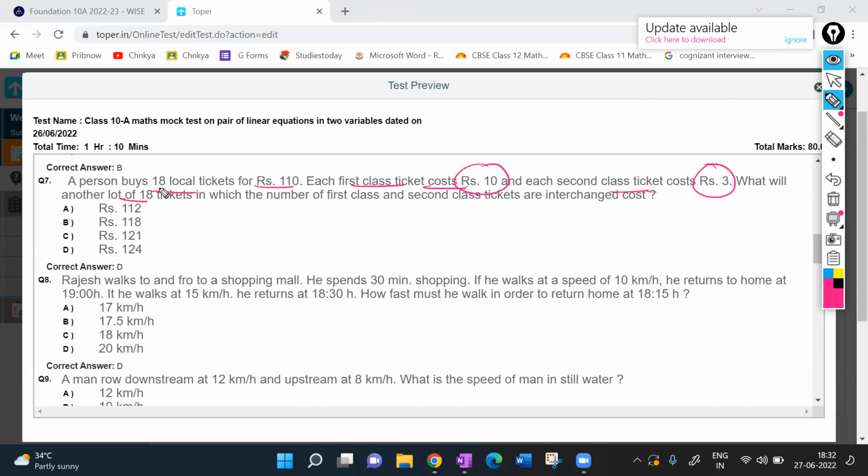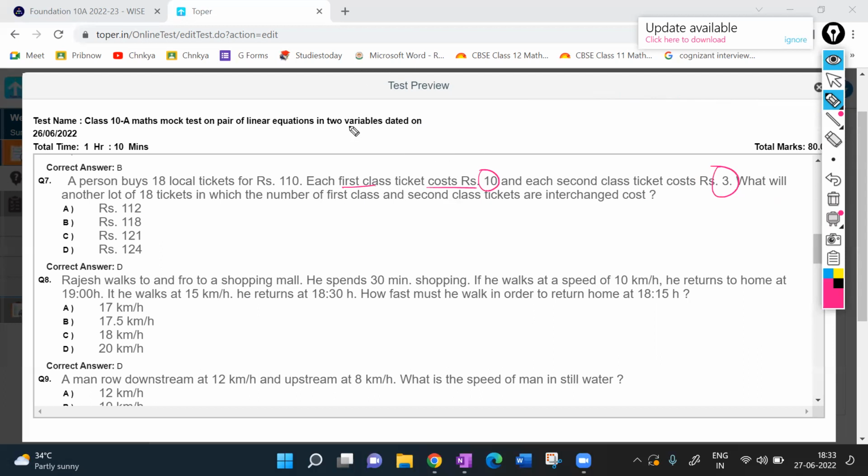What will be the cost of another lot of 18 tickets in which the number of first class and second class tickets are interchanged?